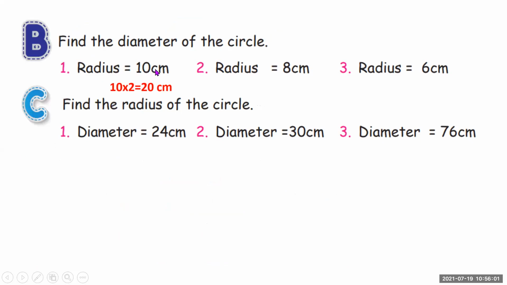So if the radius is 10 centimeter, the diameter will be 2 times the radius, 20 centimeter. Here similarly, 8 times 2, 16. Here 12, 2 times radius. Here the diameter is 24, so the radius will be half, 24 by 2, 12.